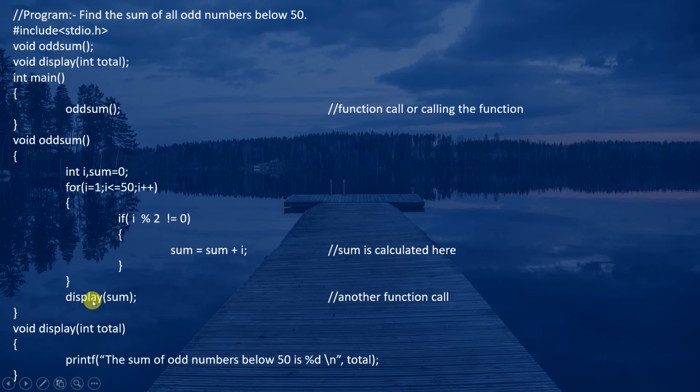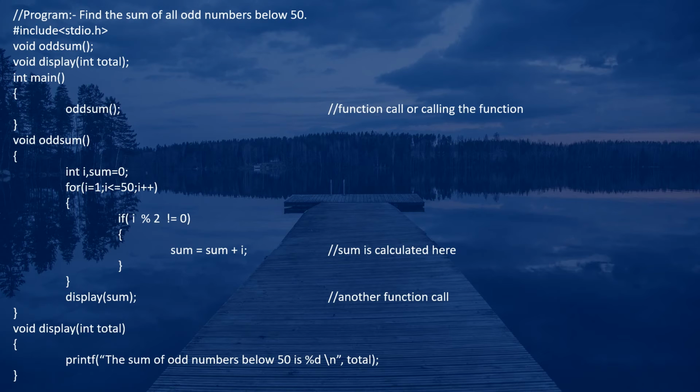Now you are once again calling a function, display. Oddsum and display are user defined functions, or programmer defined functions. We are writing those functions. We are writing the set of instructions under those functions. So here you're sending sum, which is a variable, to the display function.